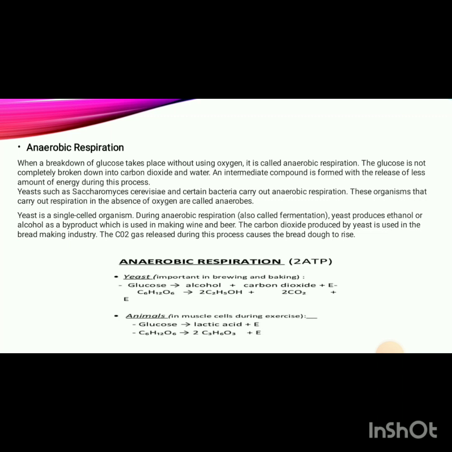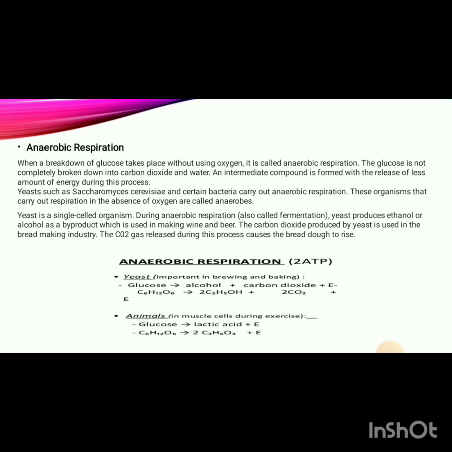Yeast and certain bacteria carry out anaerobic respiration. These organisms that carry out respiration in the absence of oxygen are called anaerobes.